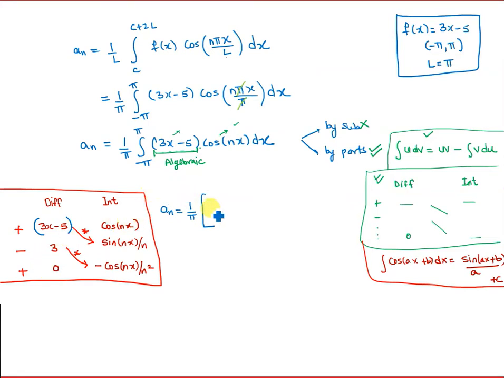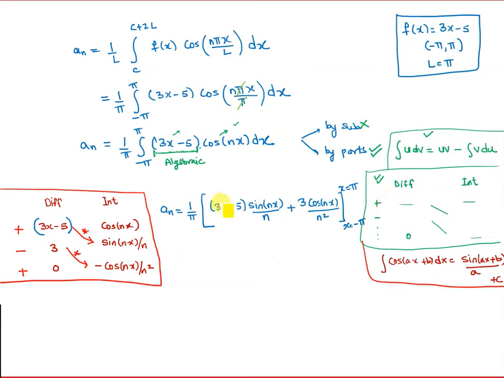So 3x minus 5 times sine nx over n. Now this is minus minus, the sign becomes plus, 3 times cos nx over n square. And the limits for x are minus pi to pi.